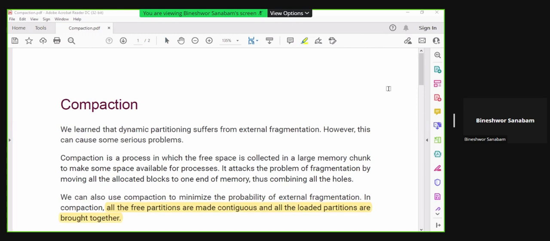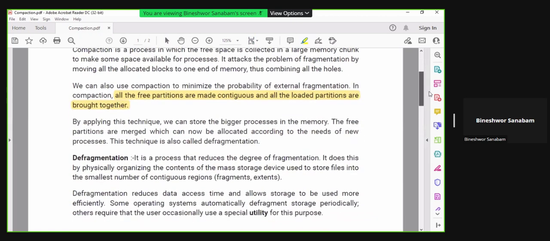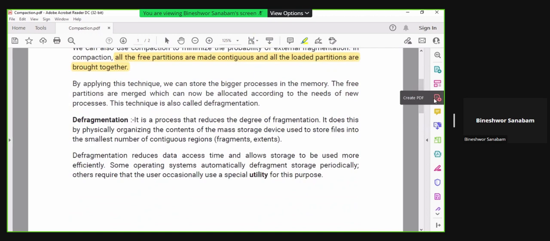So by this compaction, it brought the free partitions together. Then we have another technique that we call defragmentation.